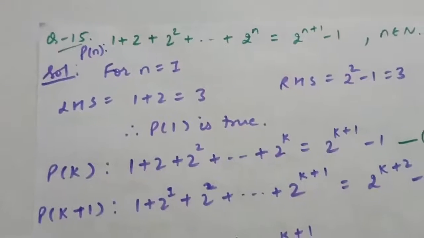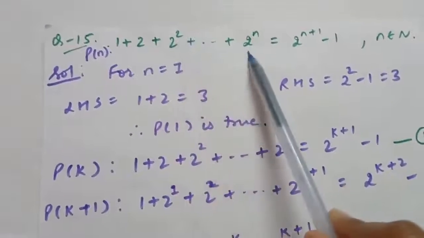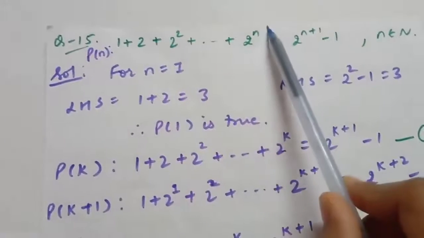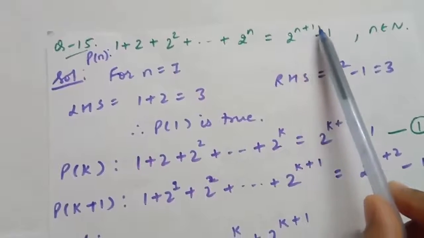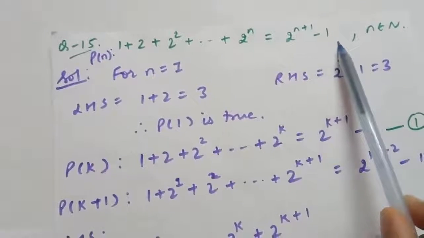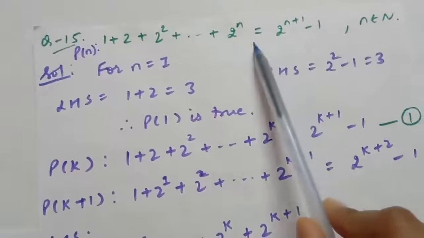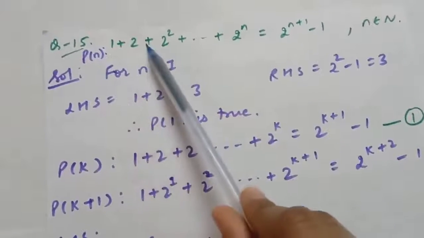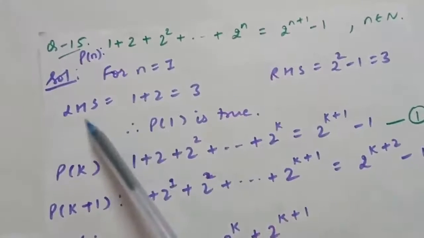Question number 15. 1 plus 2 plus 2 square plus so on up to 2 raised to the power n is equal to 2 raised to the power n plus 1 minus 1, n belongs to the natural numbers. So first of all, let the statement be P(n). We will check for n equal to 1. Now see, be careful.